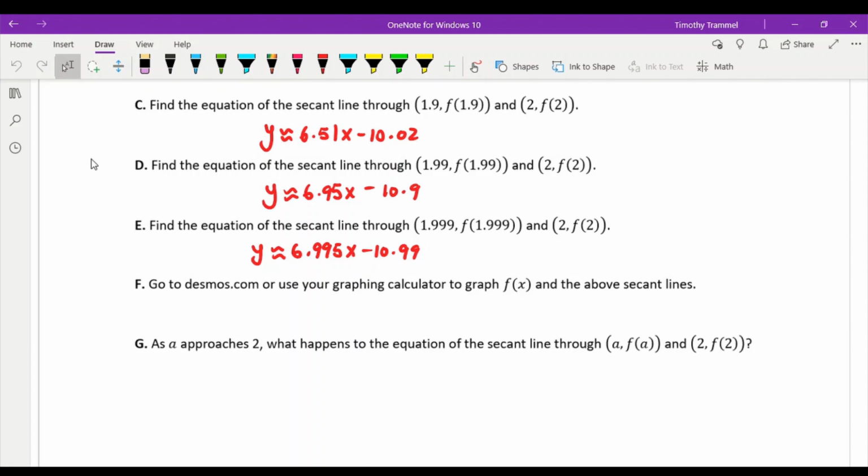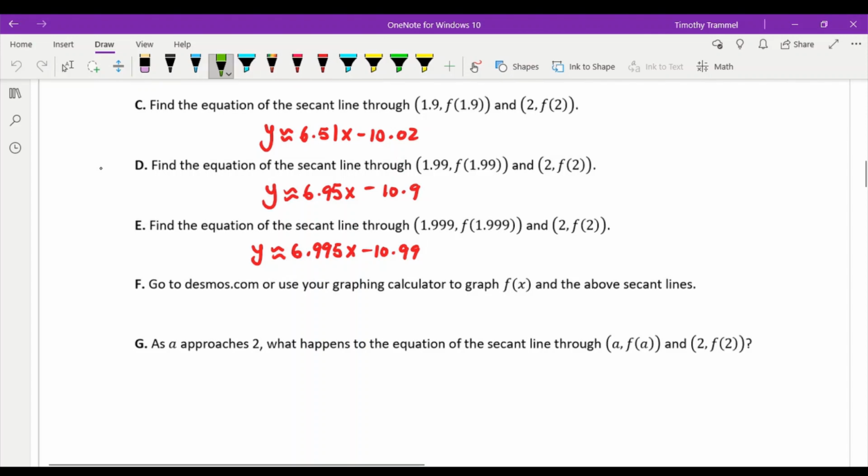As a approaches 2, what happens to the equation of the secant line through a comma f of a and 2 comma f of 2? So again, what we're talking about here is shortening up that interval, finding the secant line between two points that are really close.